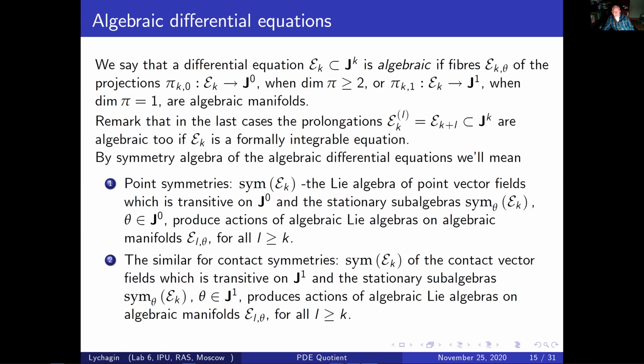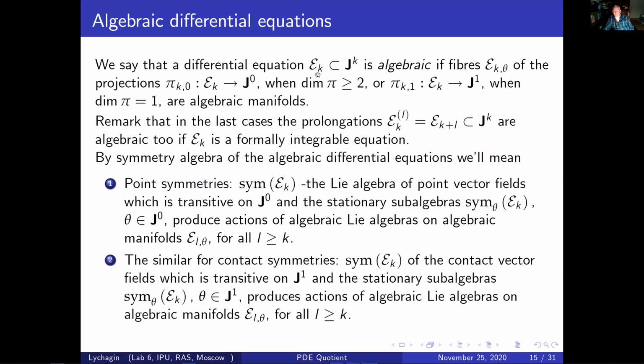Certainly I will talk only about formally integrable equations, so I will not say it from time to time. If it's formally integrable, then if you take the prolongations, once more you will get an algebraic equation.